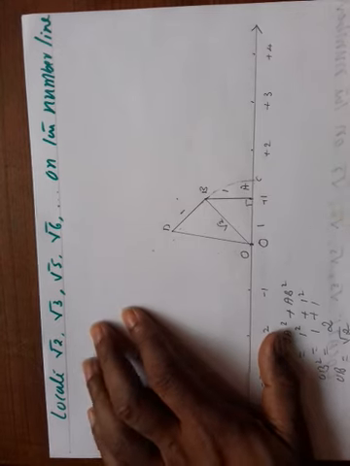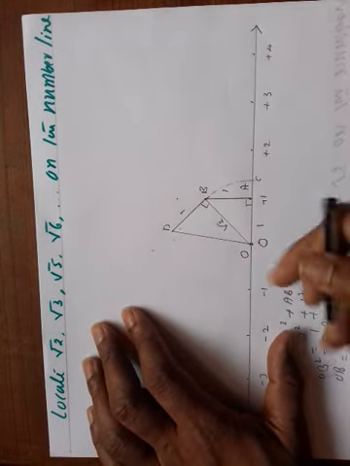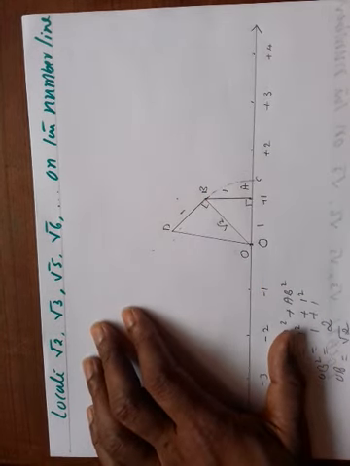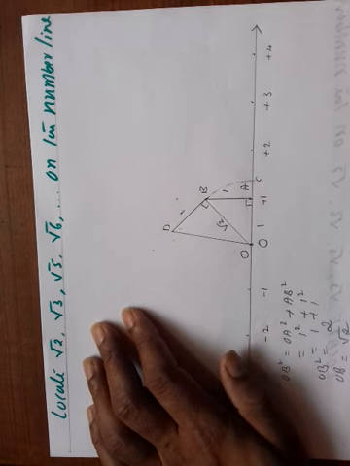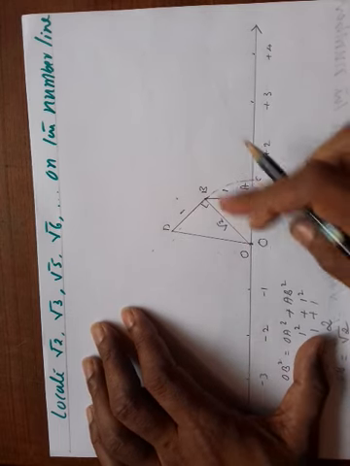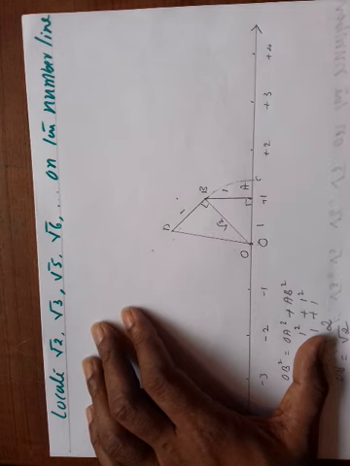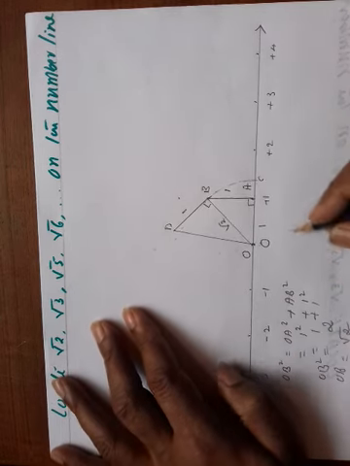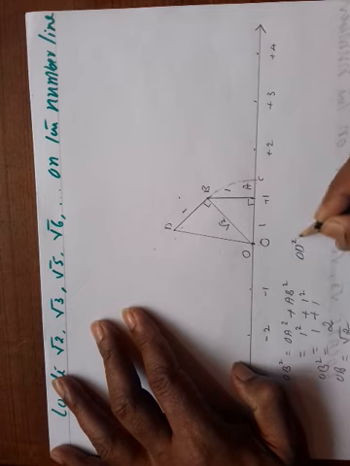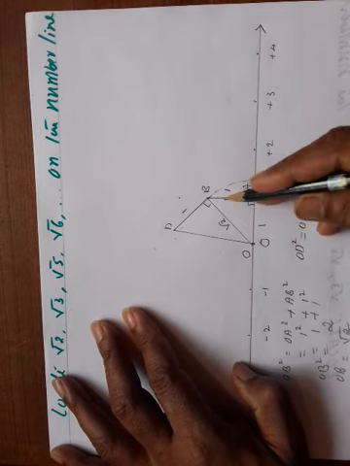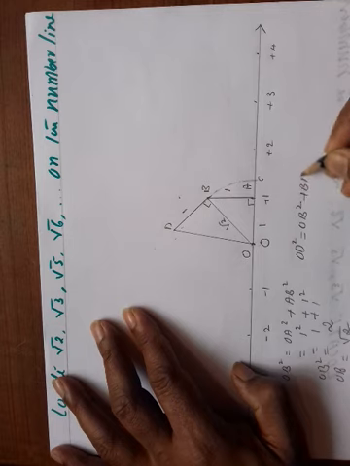Let me take once again the triangle OBD and apply Pythagoras theorem. In triangle OBD, OD is the hypotenuse. So, OD square is equal to OB square plus BD square.